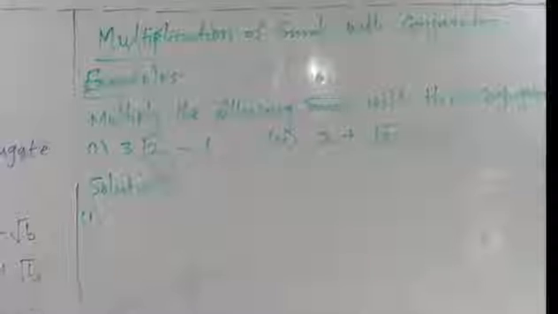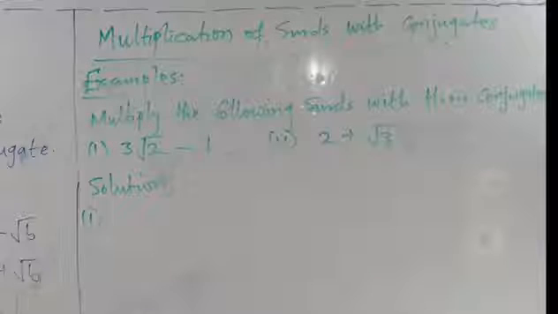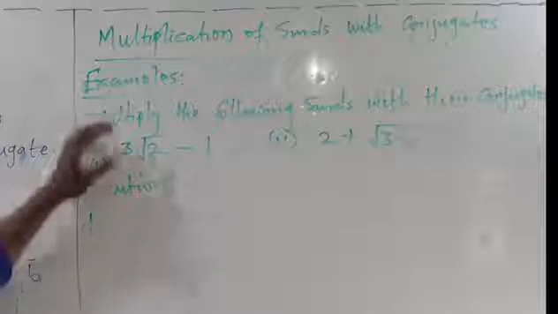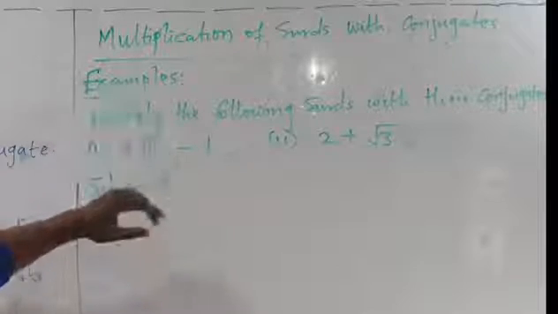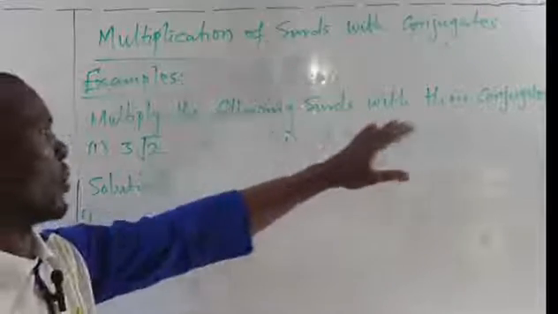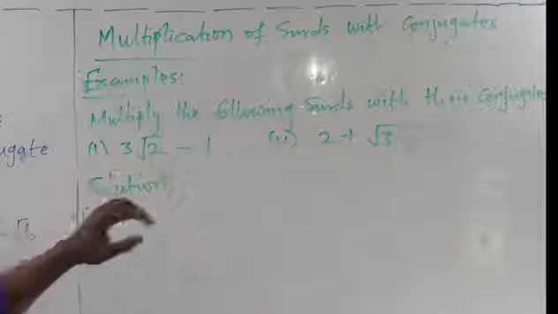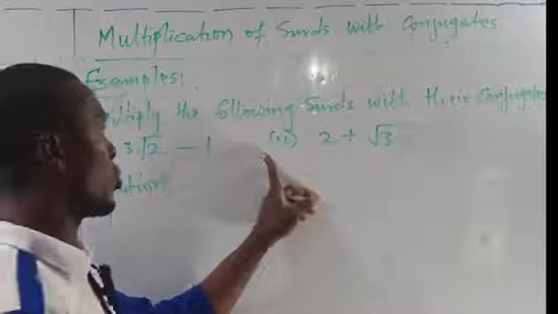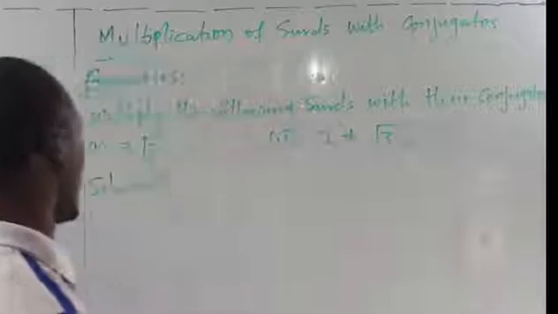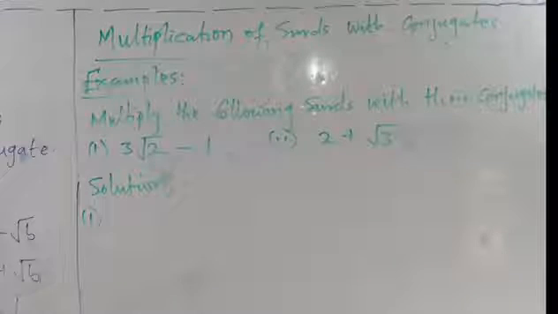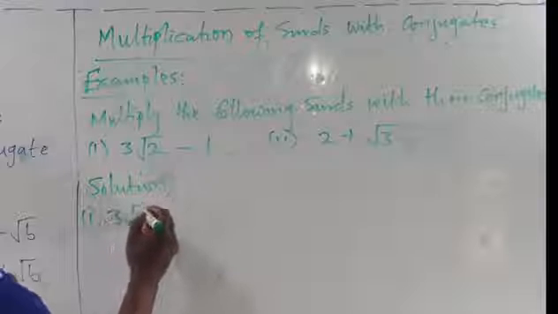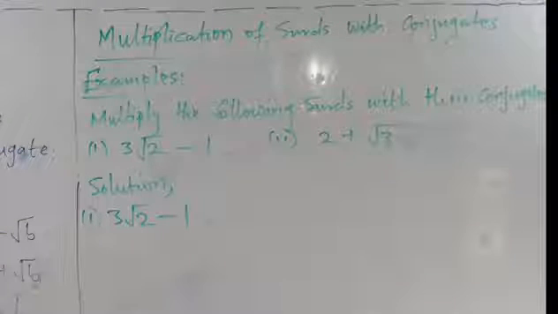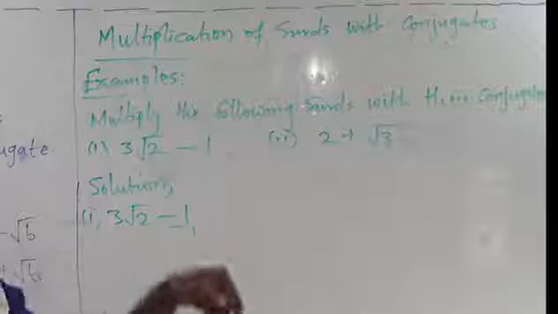The next aspect we have to consider is multiplication of a surd with its conjugate. The example says multiply the following surds with their conjugates. We have from question 1, 3 root 2 minus 1, and question 2, 2 plus root 3. So the surd given is 3 root 2 minus 1. According to the question, we have to multiply the surd with its conjugate.